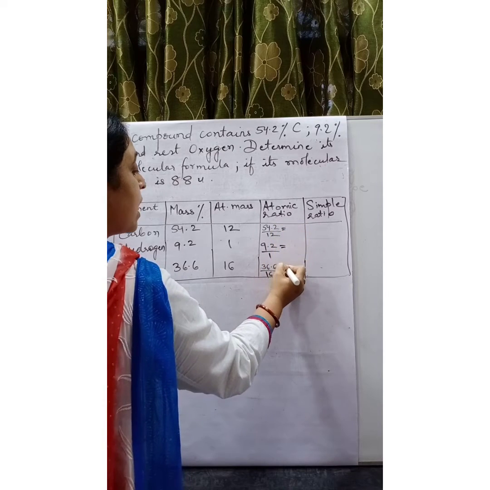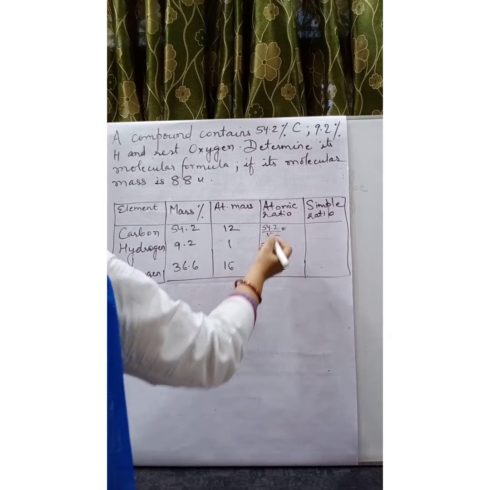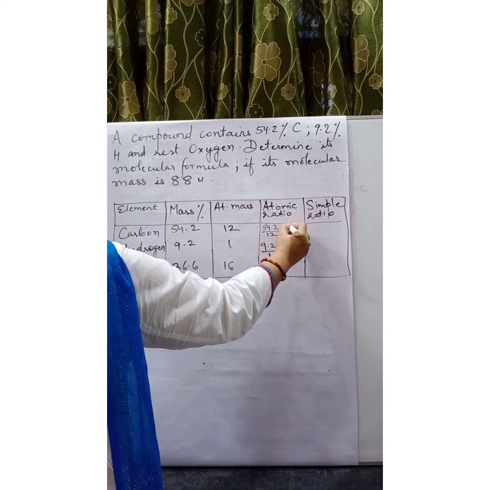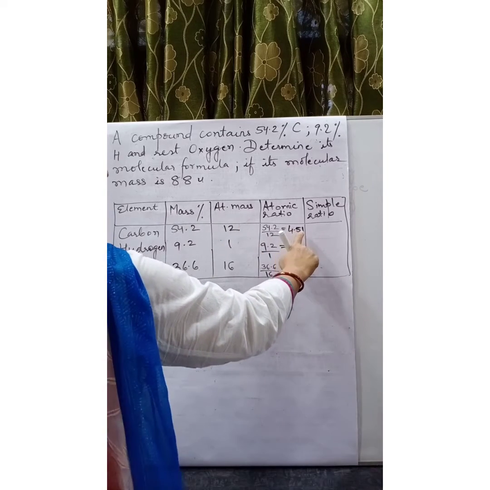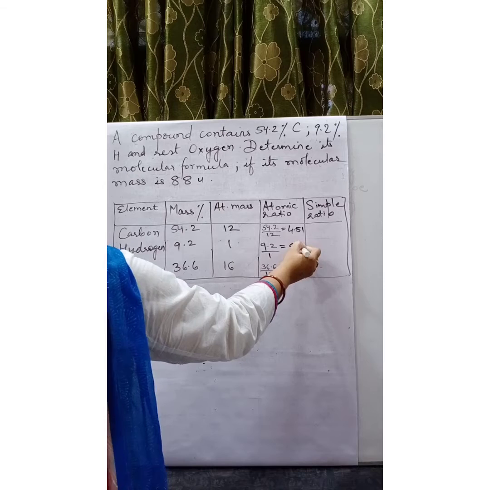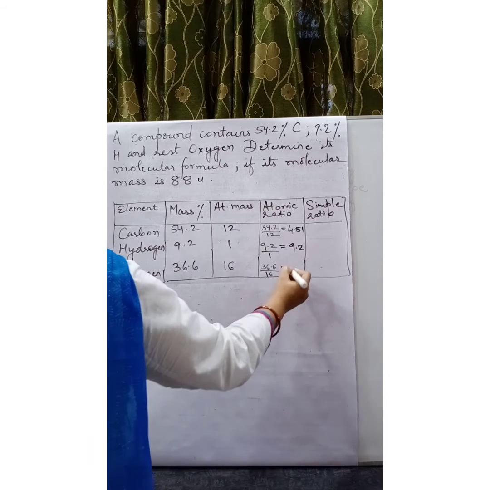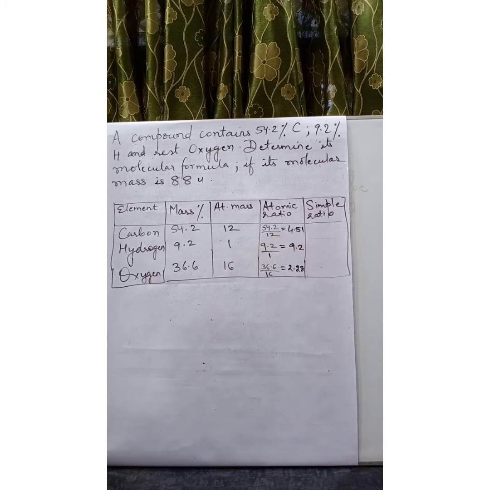Try to get your answers to 2 places of decimal. When I solve this, I get 4.51. Don't round off anything here. Whatever you get, just put it down to 2 places of decimal. No rounding of the numbers.